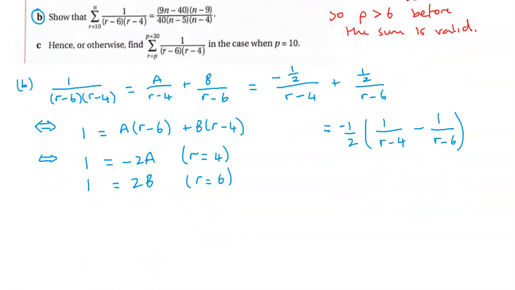And so we are actually looking for the sum from r equals 10 to n of negative a half times 1 divided by (r minus 4) minus 1 divided by (r minus 6). And we've already done one like this where we use a little trick.